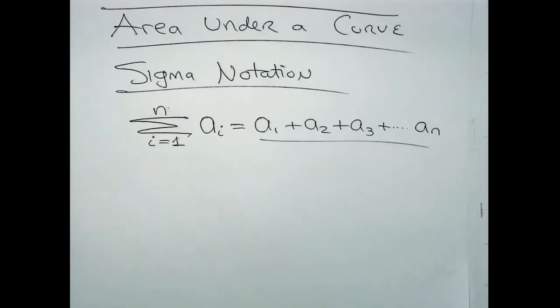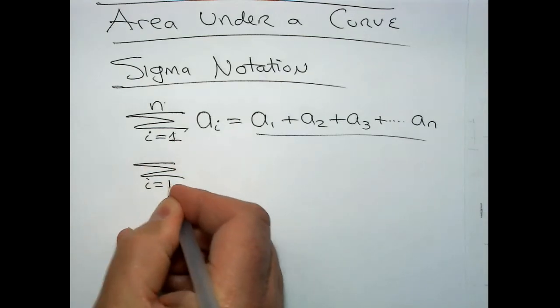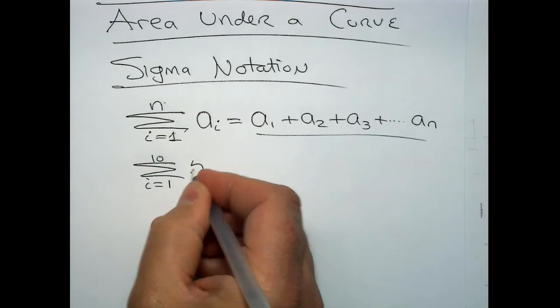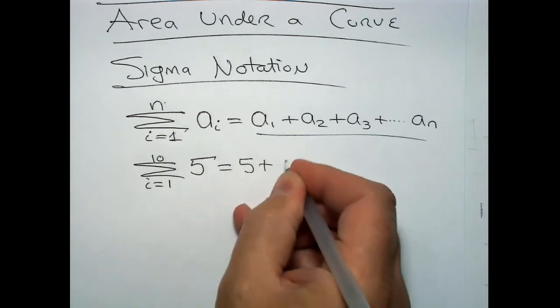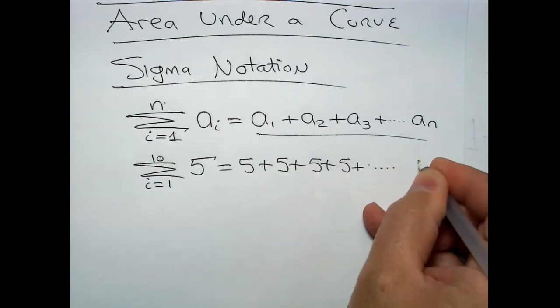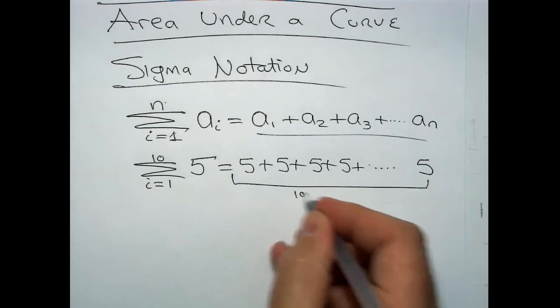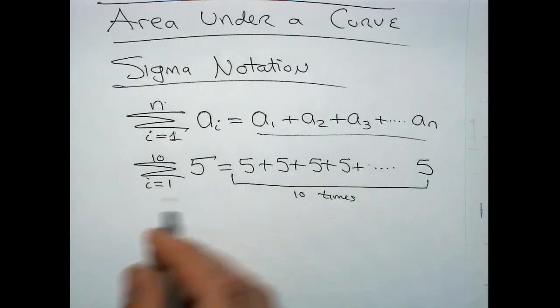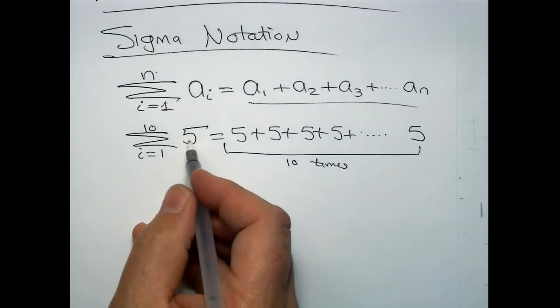So, for example, I could do the sum from i equals 1 to 10 of the number 5. Now, 5 doesn't really change, so it's just 5 plus 5 plus 5 plus, and it keeps going on, and the last one's also 5. But how many times did we add 5 together? 10 times. So, for adding a constant, it's really just multiplication.